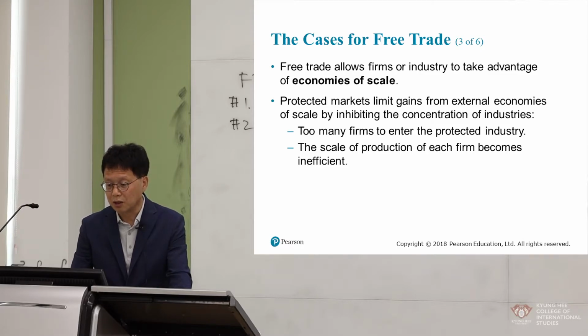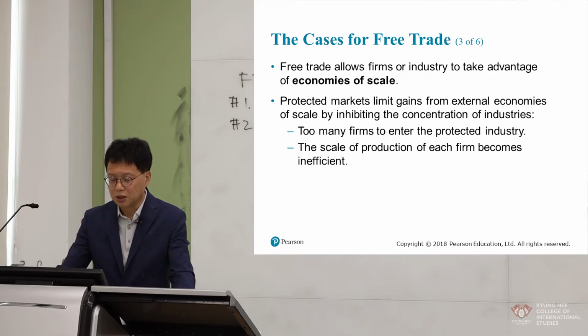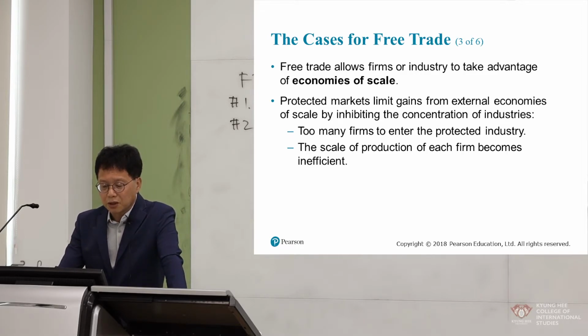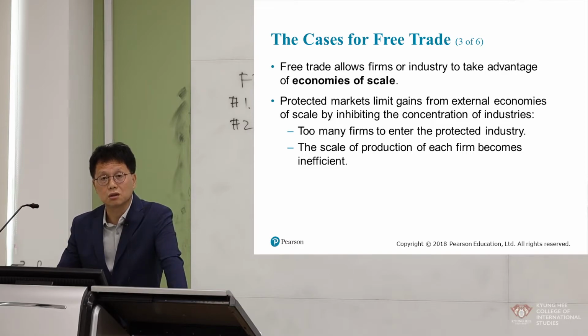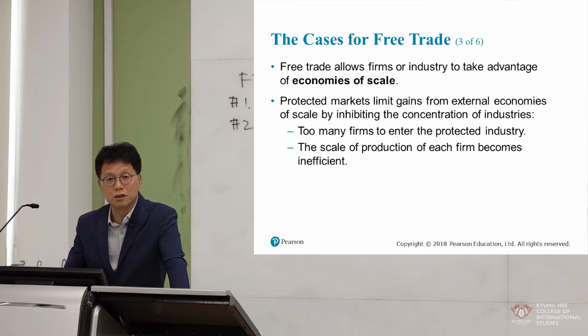Okay? So anyway, free trade means small companies in Korea cannot survive competition with imported goods. Right? They disappear, simply speaking. But some firms in Korea are very efficient, and these firms can sell their products to the world market. Before liberalization, these were only sold in the domestic territory.